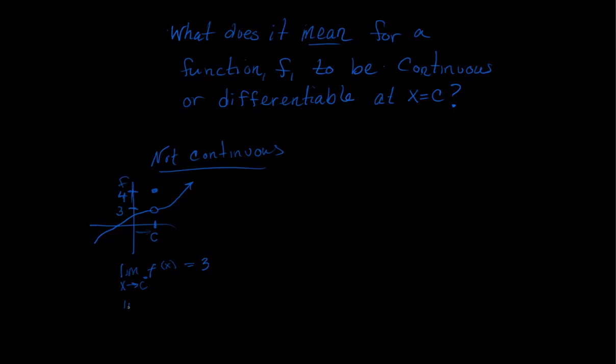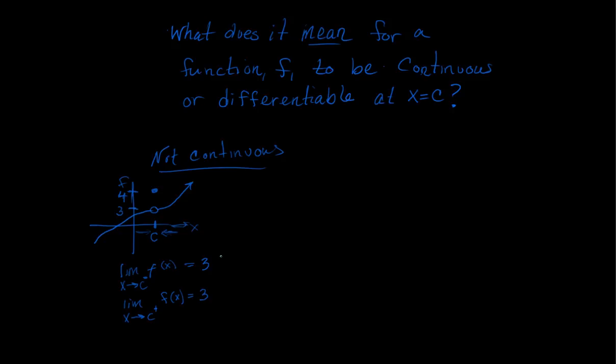How about the limit as x approaches c from the right for this function? As the x values get closer and closer to c from the right, the y values of the function are also getting closer and closer to 3.